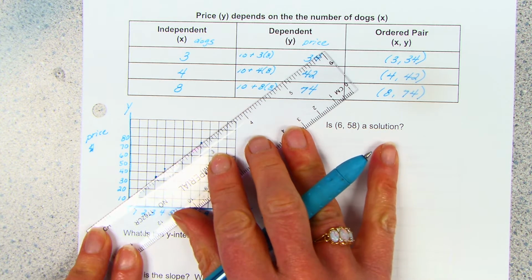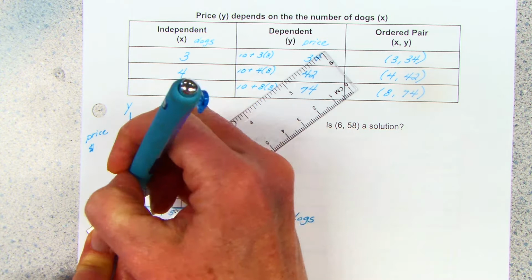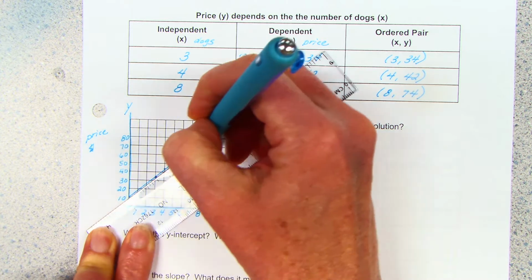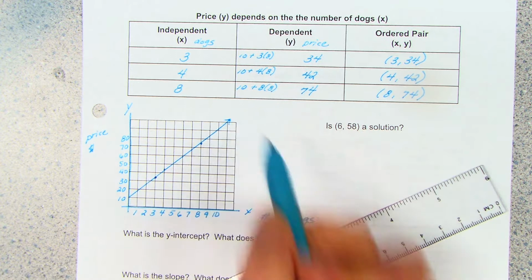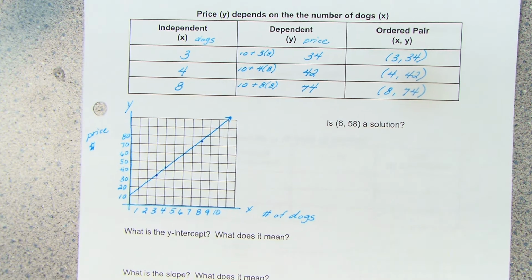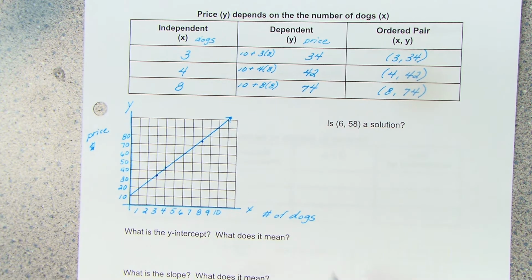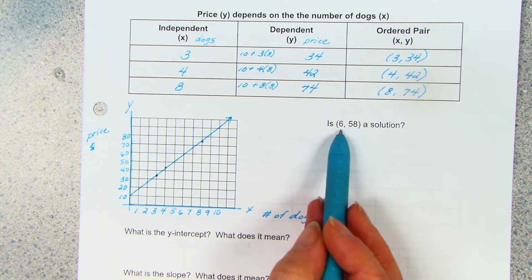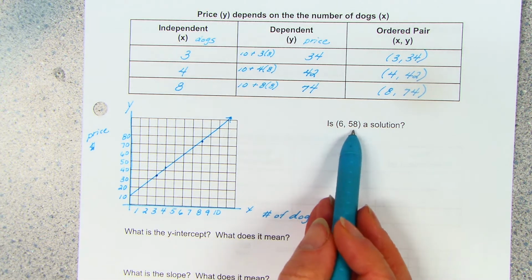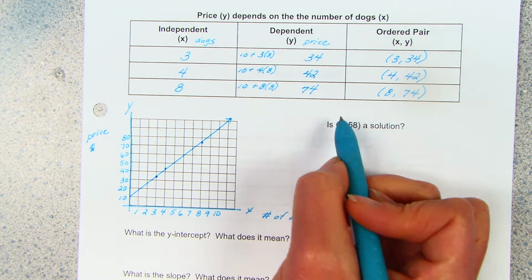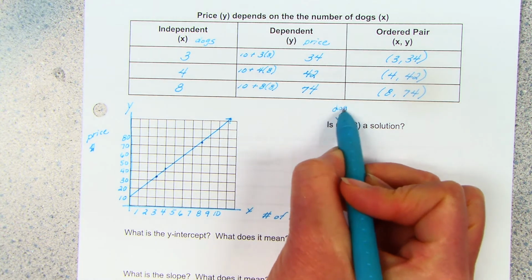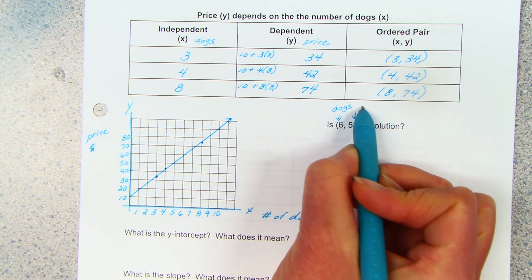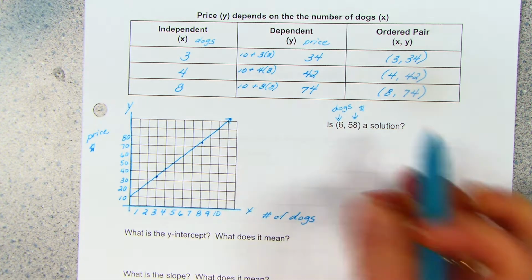Okay. This line, flip up. Looks pretty good. All right. So far, so good. And then we'll check and see if 6, 58 is a solution. What does this mean? That means, would 6 dogs cost $58? Let's see.